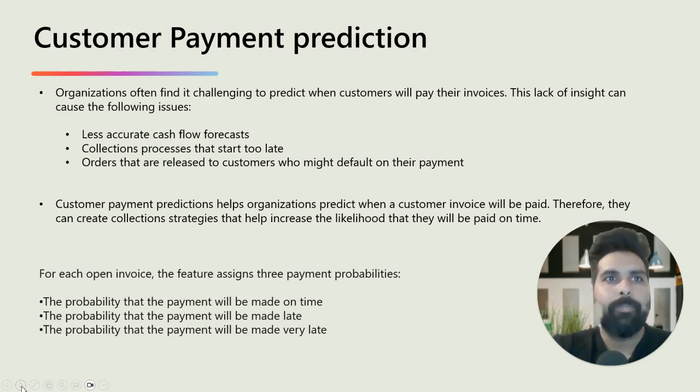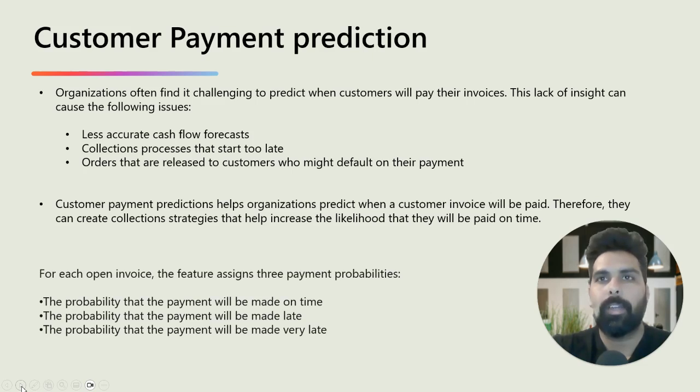With this feature, financial insight for customer payment prediction, you have three probabilities which the system can tell you: whether an invoice is going to be paid on time, late, or very late. If you remember, in the last video I talked about how the system defines what is very late. Very late is what you define on your model, let's say 30 days.